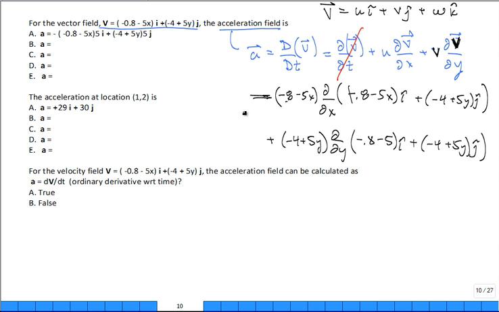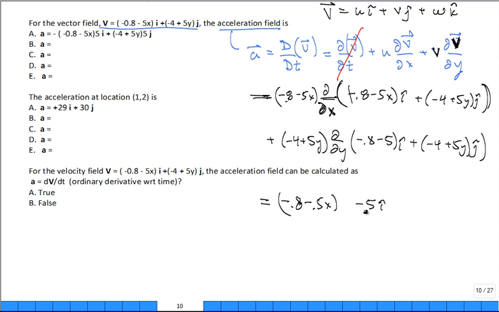So I need to skip down here. I want to put this negative 0.8 minus 5x. Now I need to do this derivative right here on all of this. What do I get back? Negative 5 i, or not an i?